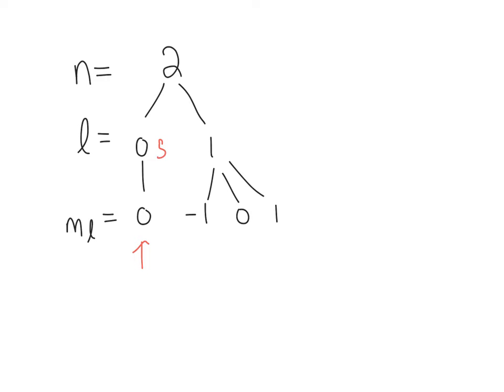If you have a p orbital, there are 3 possible p orbitals on that energy level. You okay with that?